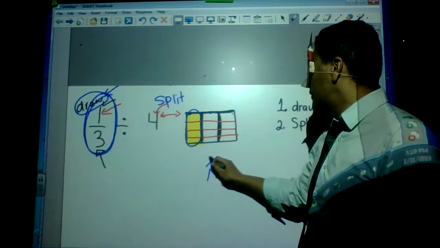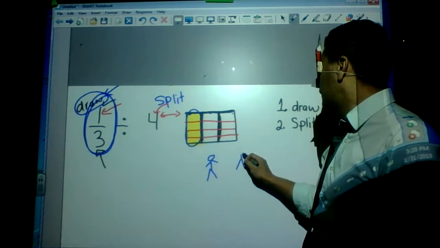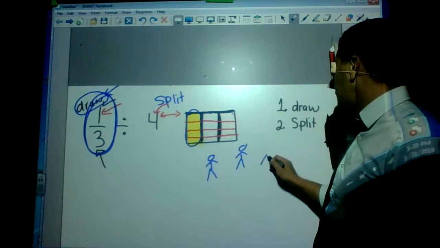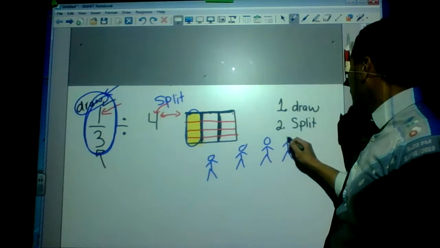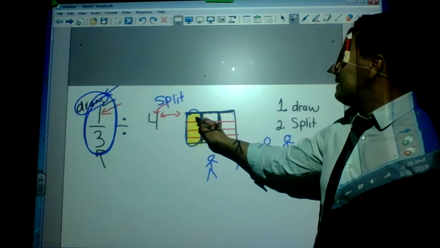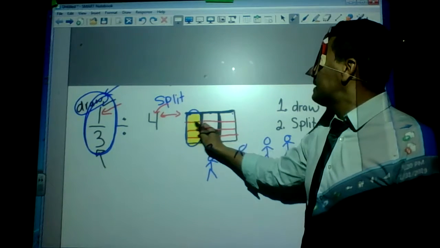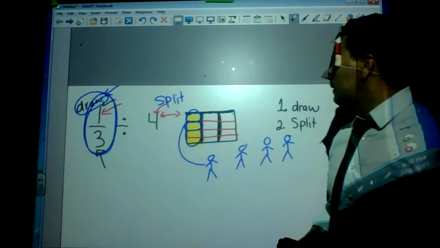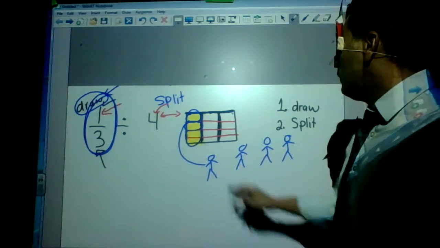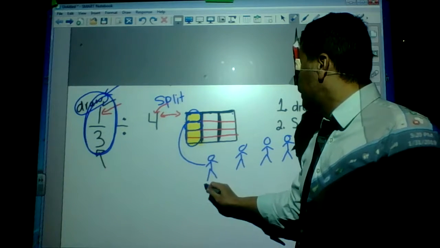I'm just going to draw a little stick person. I have 4 people I was sharing with. Well, each person is going to get only 1 piece right here. So 1 for here, 1 for him.